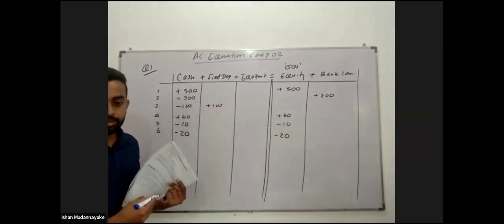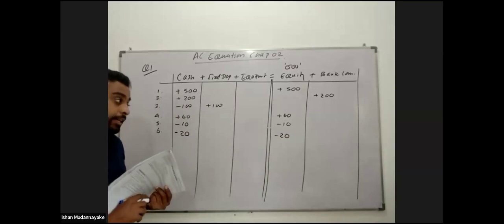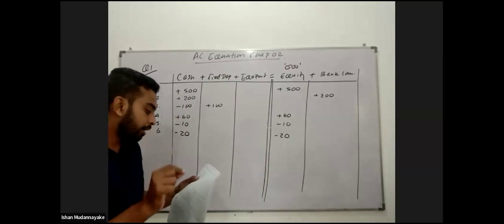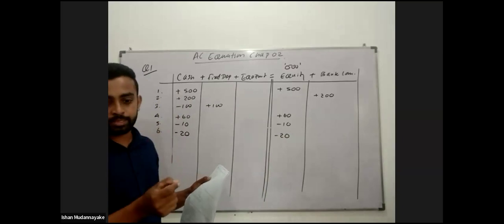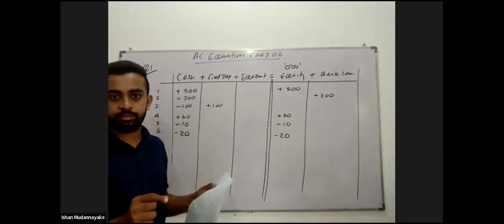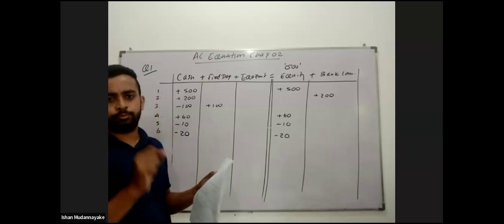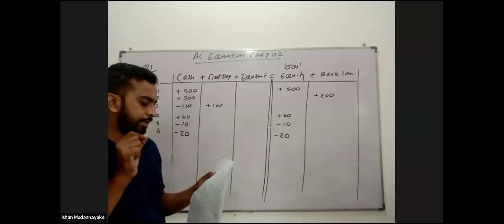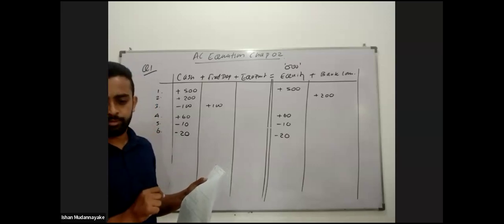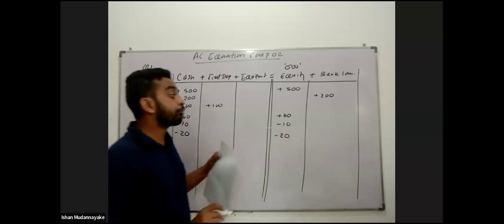Cash decrease, equity decrease. Students, here Nehara withdrew 20,000 from the business. So what is the technical term for this cash withdrawal of the owner? The technical term is drawings.